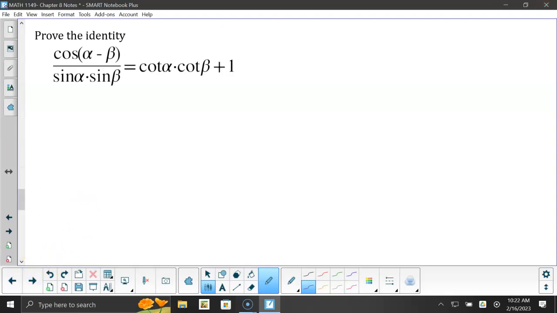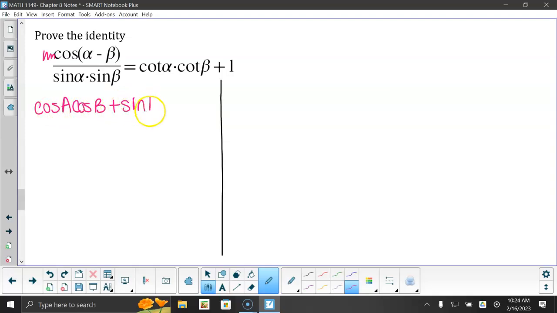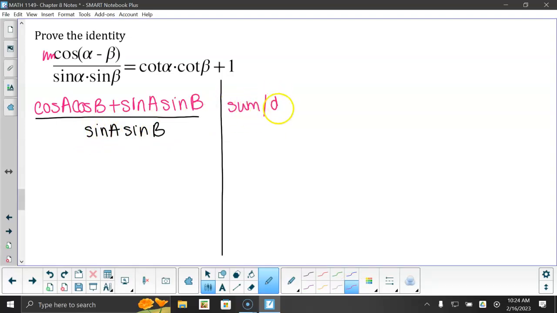I would mess with the left. Did we get here and then did we get stuck?